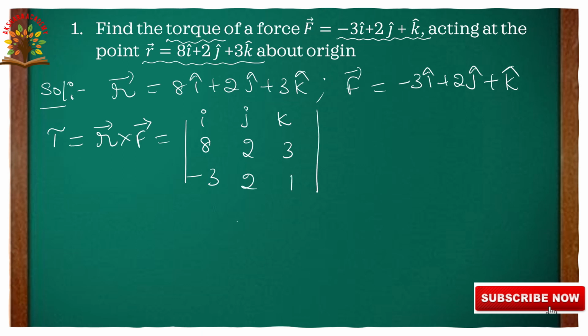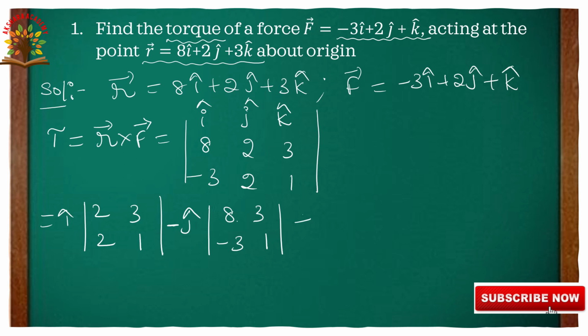So that equals i cap of determinant of 2, 3, 2, 1, minus j cap of determinant of 8, 3, minus 3, 1, plus k cap of determinant of 8, 2, minus 3, 2.